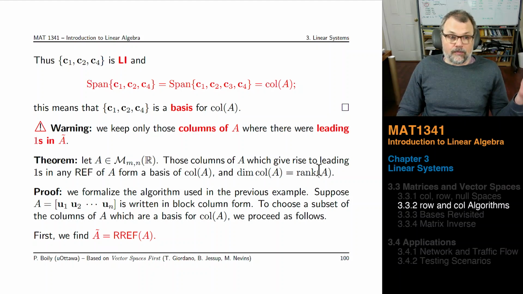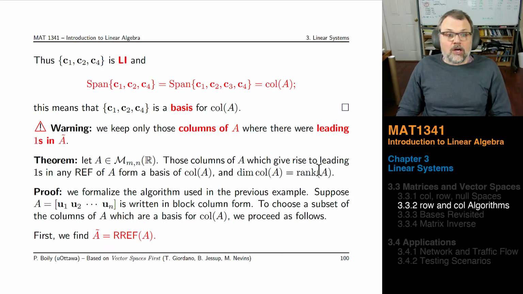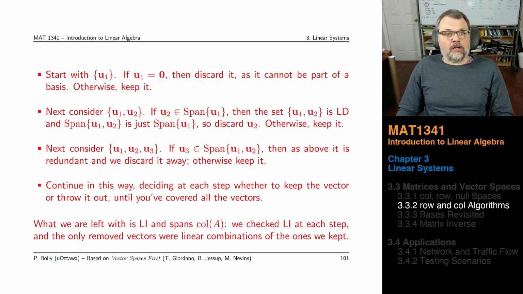So we write A as a bunch of columns, U1, U2, all the way to UN. We choose a subset of the columns of A, which are a basis for the column space of A, as follows. The first thing we do is we find the row-reduced echelon form of A. You start with U1.